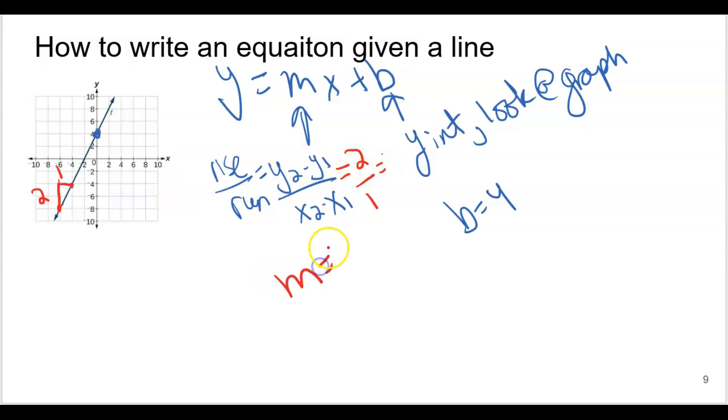So my m equals 2. And then eventually I get y equals mx plus my b of 4. So that'd be the equation here for this line. We're going to take this into consideration moving forward.